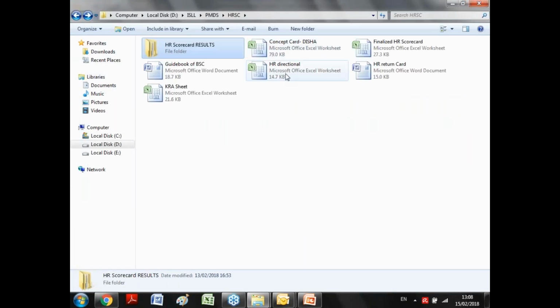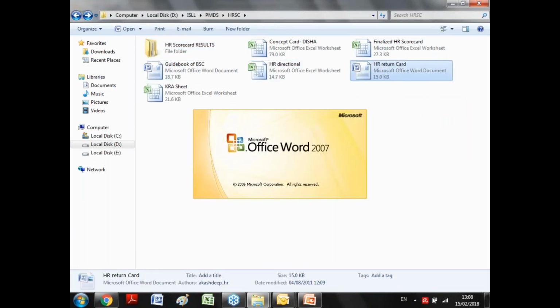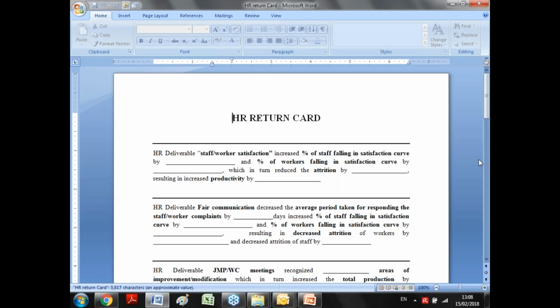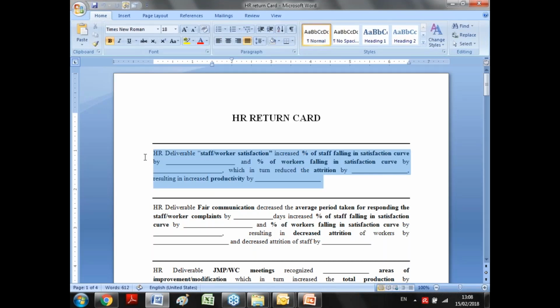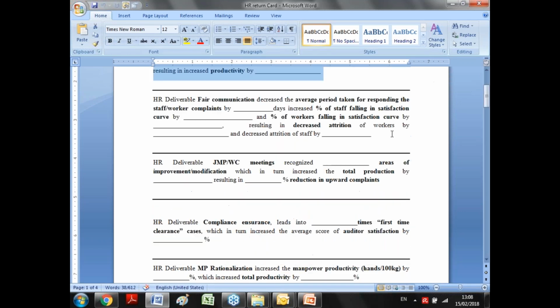The advantage of implementing the HR scorecard is the return cards. The HR return cards can be generated after one complete year of HR scorecard performance, where HR can confidently move towards any aspect of the financial assessment and tell them that yes, our HR deliverable of fair communication decreased the average period taken for responding to staff and worker complaints by so many days, because it is now monitored on a quarterly basis.